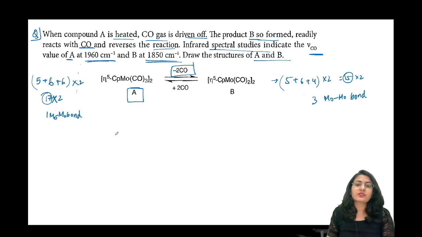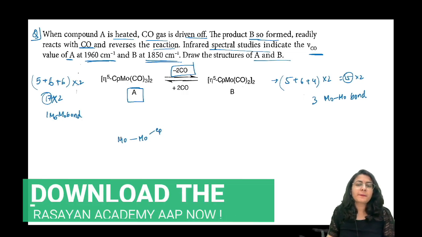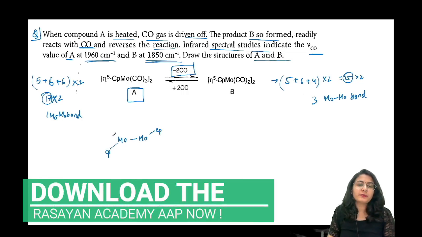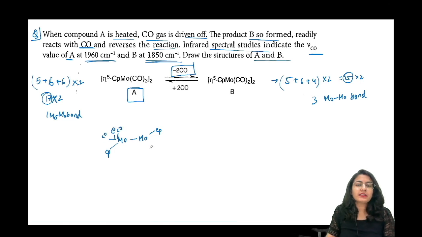Now we see the structure. What is possible? Molybdenum is kind of big in size, so I don't think that carbonyl is going to be bridging. So we naturally draw the carbonyls. Each molybdenum has a Cp. Let's try to draw them opposite because they are bulky. So there are going to be 3 carbonyls, another 3 carbonyls like this.